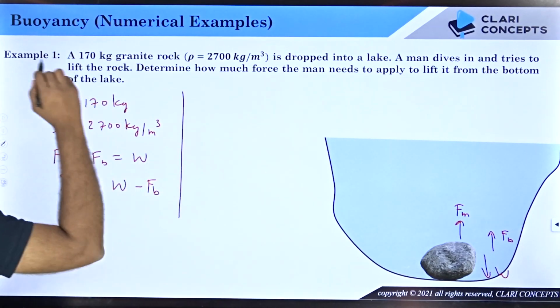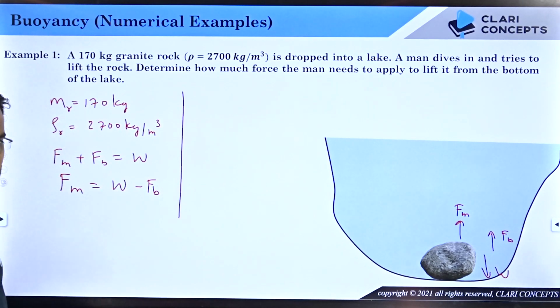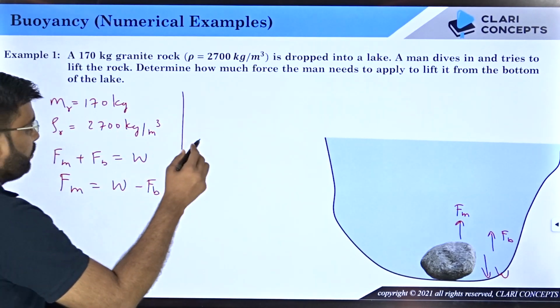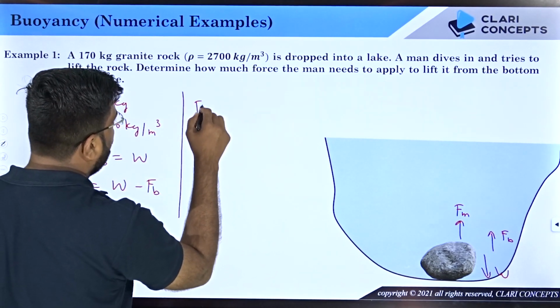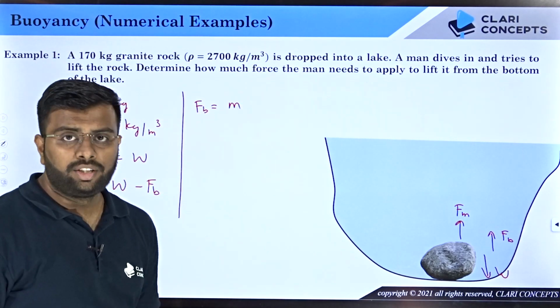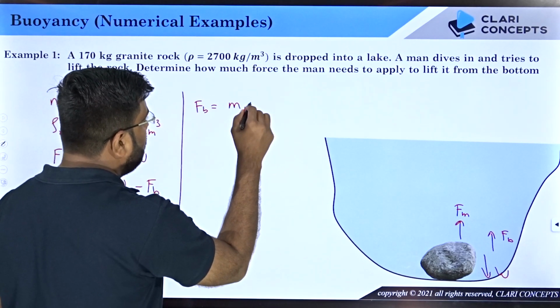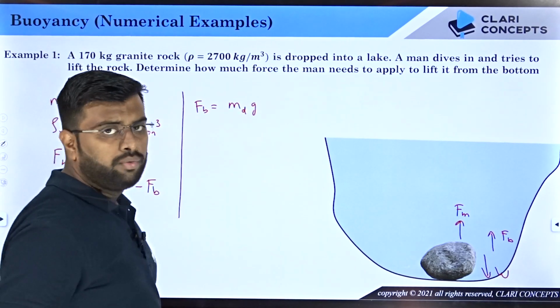The weight of the rock is clear: mass of the rock times g. How do I get the buoyancy force? First, let us calculate it. Buoyancy force equals the weight of the fluid displaced by the rock, that is, mass of the fluid displaced times g.